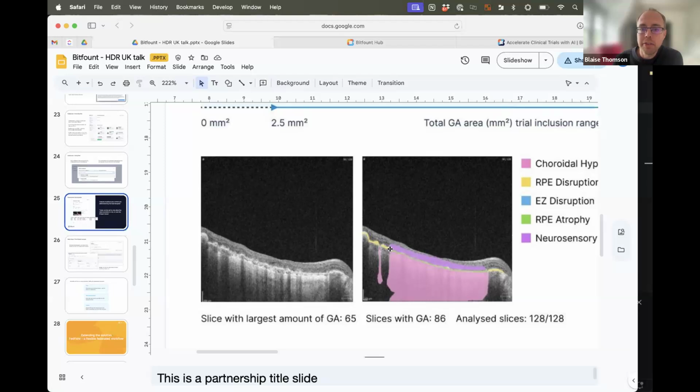The model has to detect the fact that the area has died. And then from that, we have to go from this volumetric scan into an area of the en-face that has problems. That's what I'm calling an AI-generated biomarker.